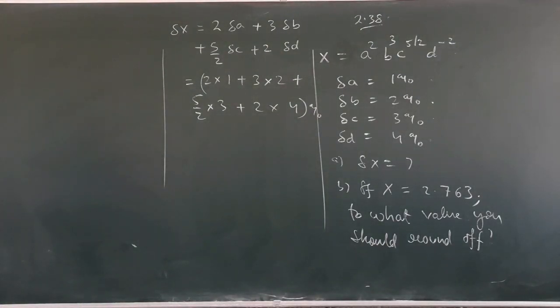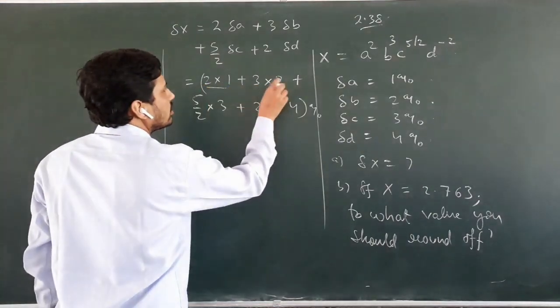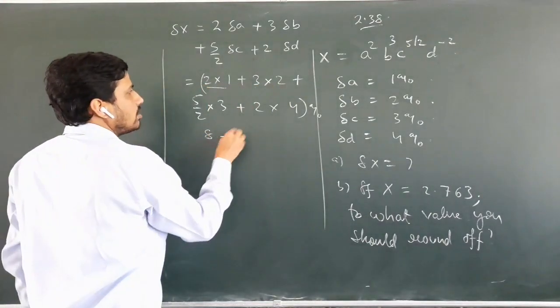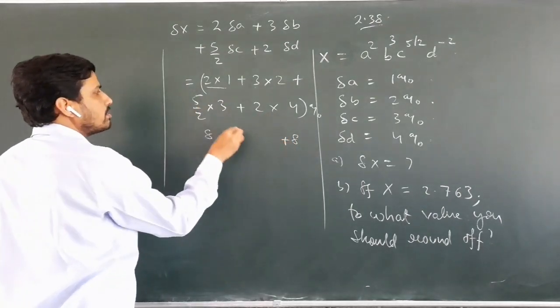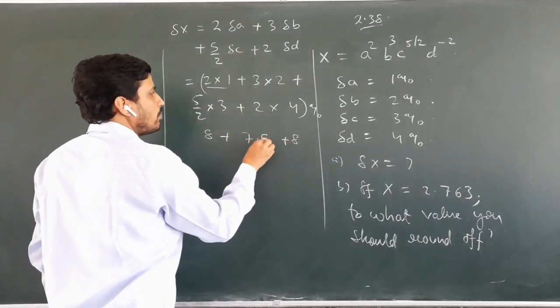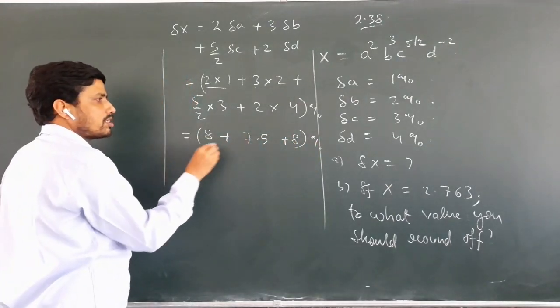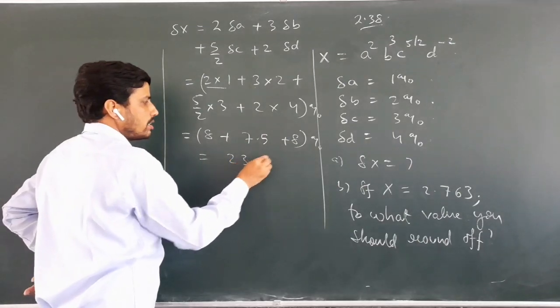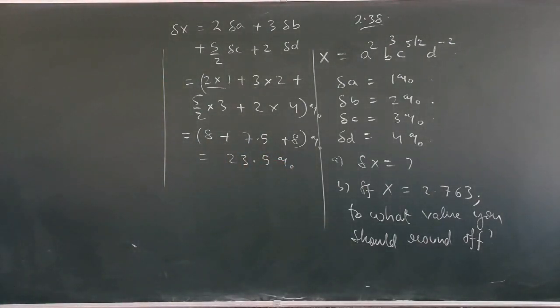Now if you calculate this, this becomes 2 plus 6, 8, plus 4 into 2 is also 8, and this is 15 by 2, that is 7.5%. So 8 and 8 becomes 16, 16 plus this, 23.5%. So that is the answer to the first part of the question, that percentage error in X is 23.5%.